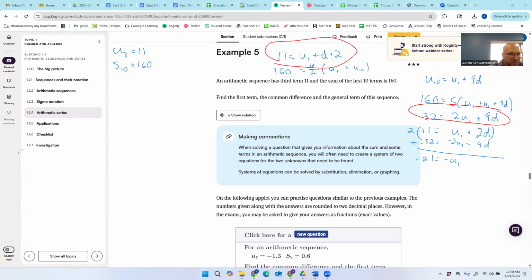I'm not doing this solving very efficiently. Let's just write that down here. 22 equals 2u1 plus 4d. Yeah, that'll work better.